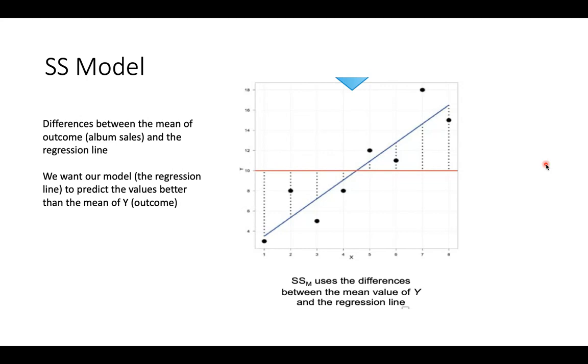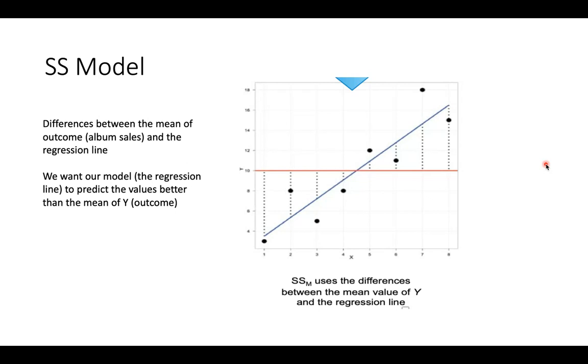So I'll say that again. The whole point of this is that we can bring in a second variable, advertising dollars, and we can improve our predictive ability of album sales, our outcome. So if someone asks me, hey, Mr. Record Company Executive, how many albums do you think Ariana Grande will sell on her next album?